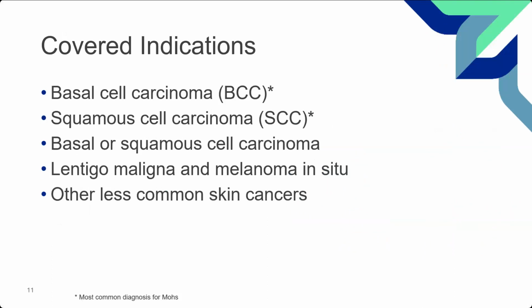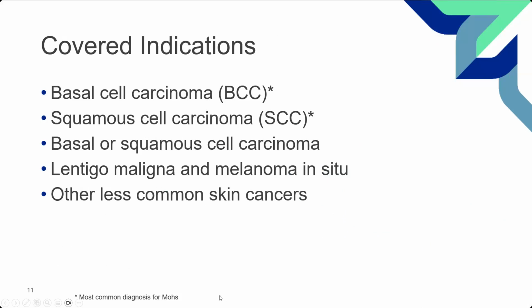As we discussed briefly at the start of this presentation, but also listed here and listed in the covered indications in the LCD for Mohs surgery are these types of cancers. Mostly the basal cell and squamous cell are what we see in Mohs surgery. But there are also other indications that are listed on this slide.